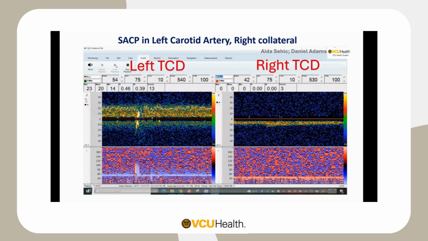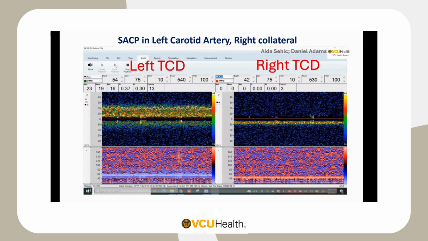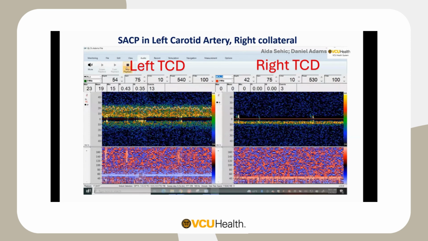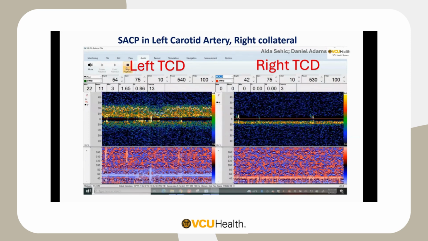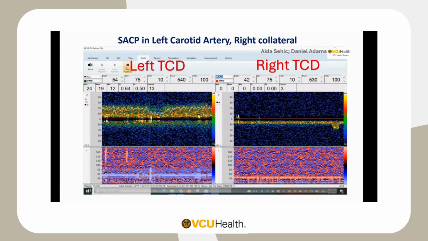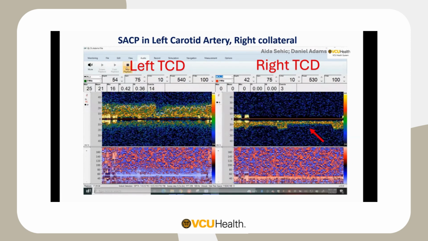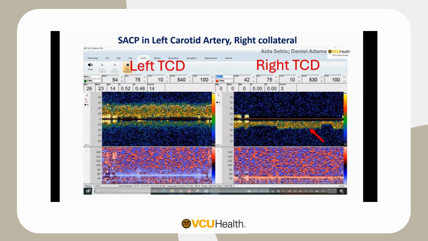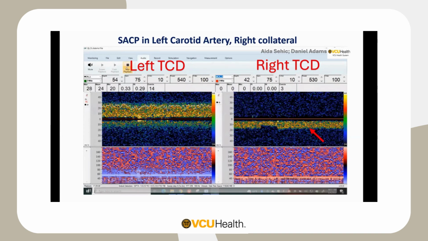We observed left MCA flow, very strong, with immediate appearance of the flow on the right MCA as well, proving that one cannula for selective antegrade perfusion was sufficient to perfuse both hemispheres.